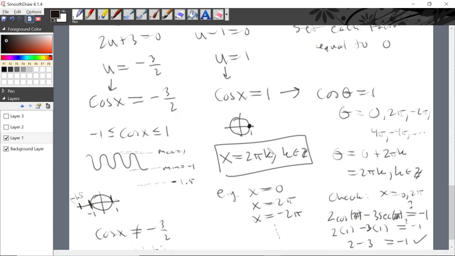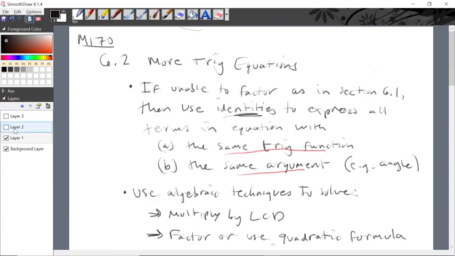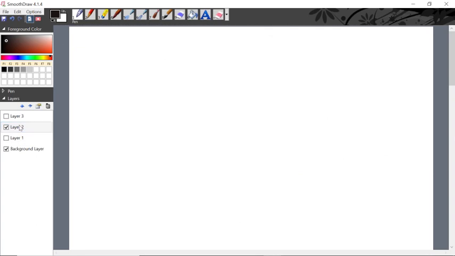Okay? And then using notions of symmetry, in this case like periodic symmetry, in order to express all solutions if needed. Okay. All right, so let's move on and try another example.